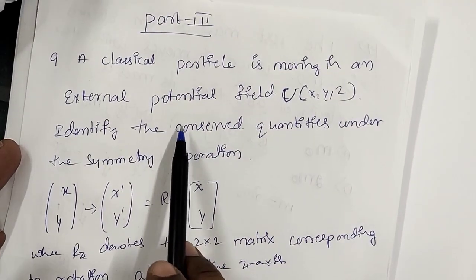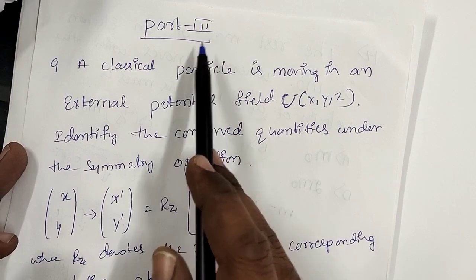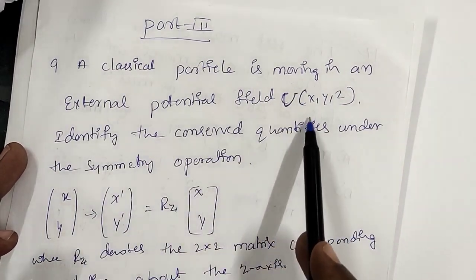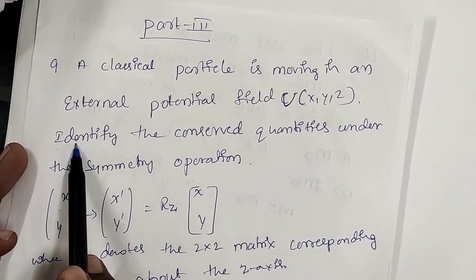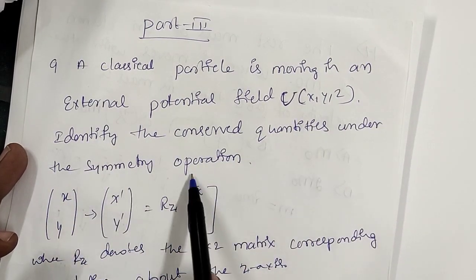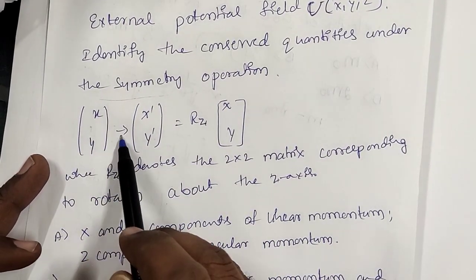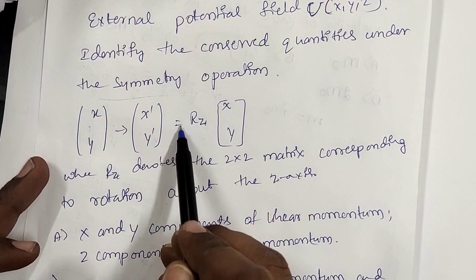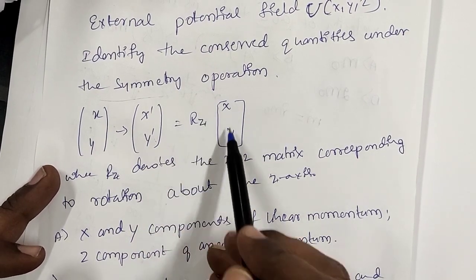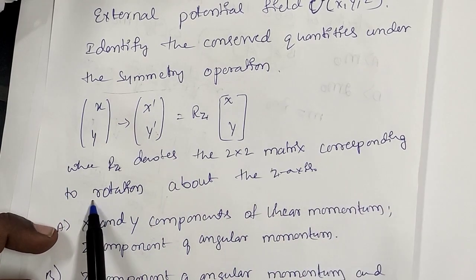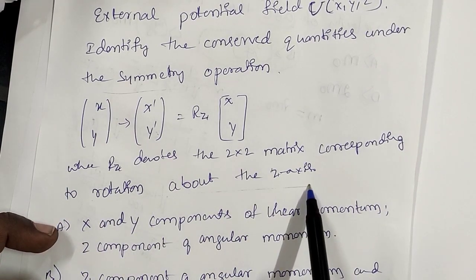Next question is from part 3 of 2015. A classical particle is moving in an external potential field V of x, y, z. Identify the conserved quantity and the symmetry operation. x, y tends to x prime, y prime, which is equal to R z of x, y, where R z denotes the 2 cross 2 matrix corresponding to rotation about the z axis.